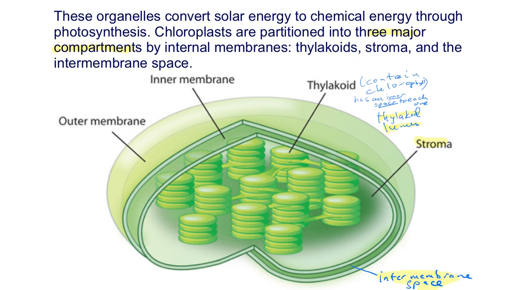So here's the cutaway picture of a chloroplast. We're not going to have to know all these details right now, but for now, there's two membranes, like the cell membrane, like the nuclear membrane. There's the outer membrane.